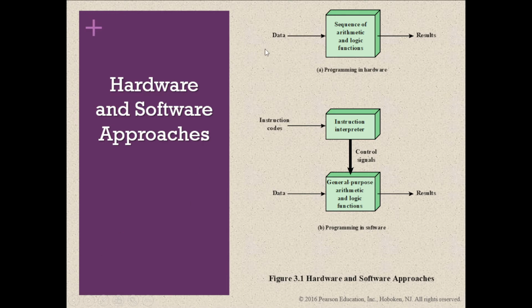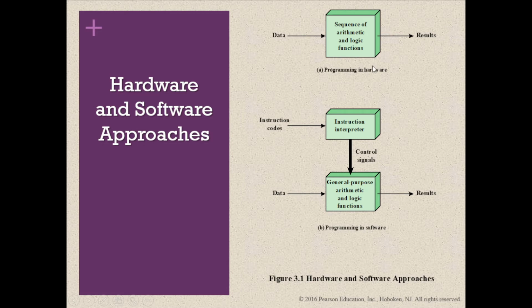So for example, we need a sum, so we need an addition function. So we have to rewire it for addition. So we have a sequence of arithmetic and logic functions. What if we want an operation of subtraction? Since you've rewired this hardware for addition, you need to change or rewire it for subtraction, for multiplication, or for division.